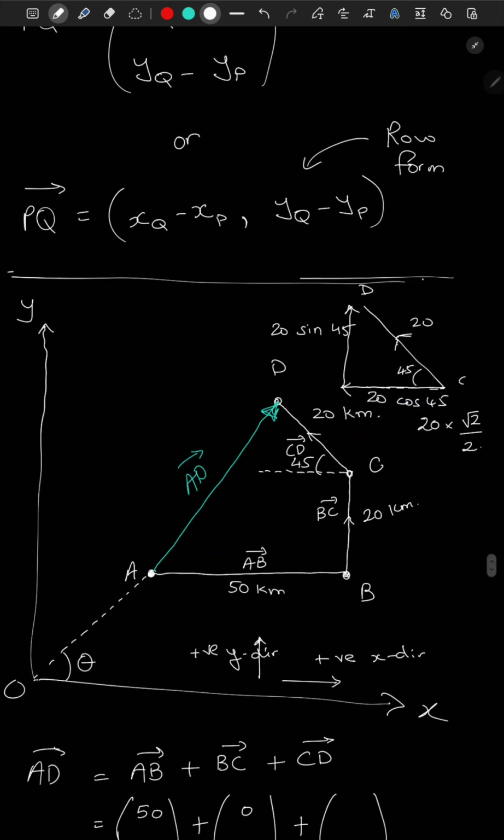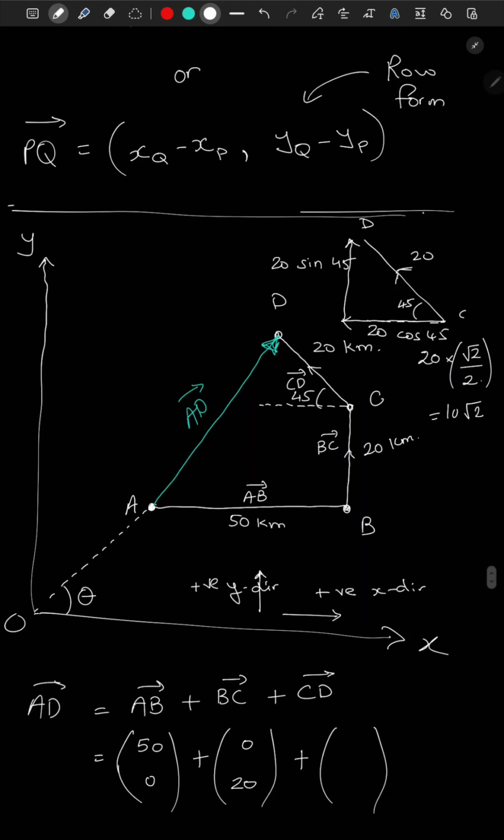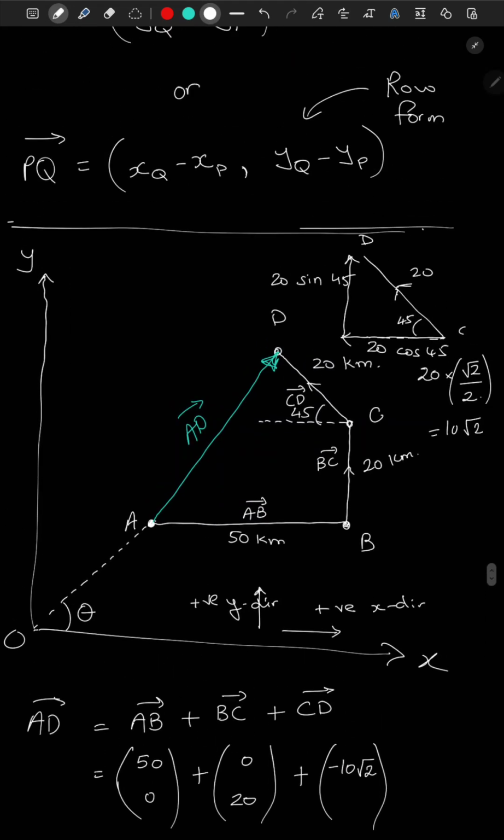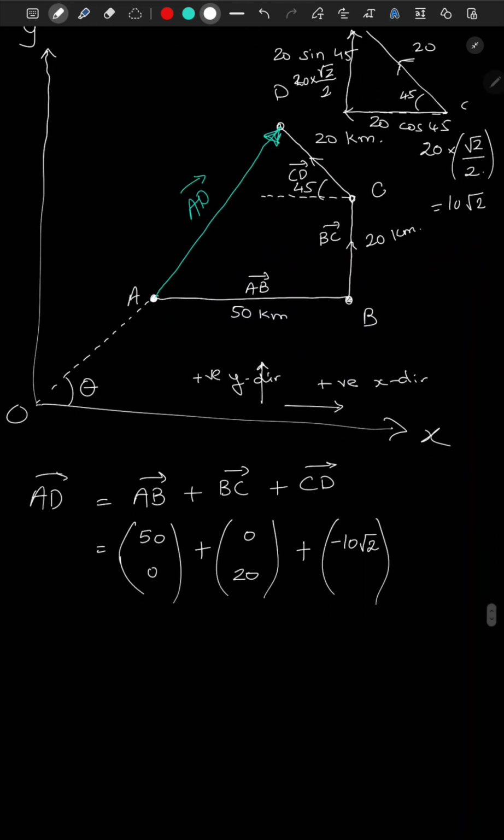If you rationalize this, it will give you 10 root of 2, but it is in the negative direction, therefore this will be negative 10 root 2. And in the y direction, it is positive sine of 45. Sine of 45 is root 2 over 2 times 20, so it gives you 10 root of 2, but in the positive direction.